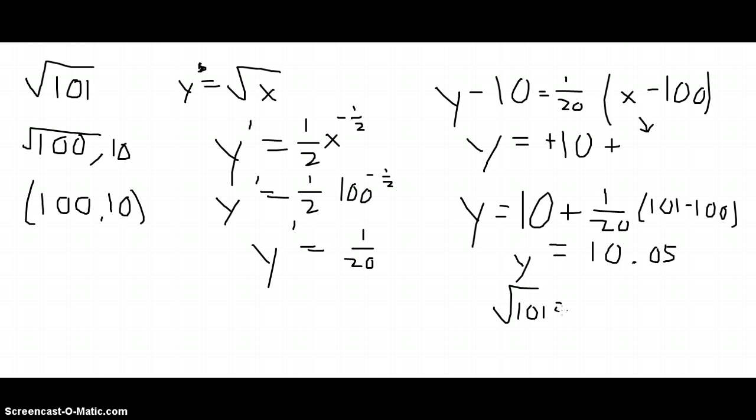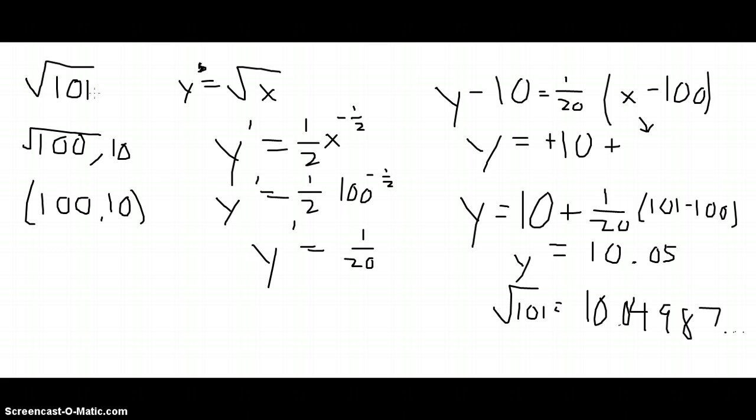So the actual value of radical 101 is 10.049887, and so on. So we notice this value is extremely close to our approximation, and yeah, that's linear approximations.